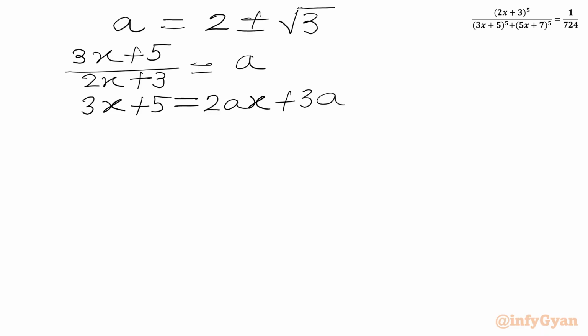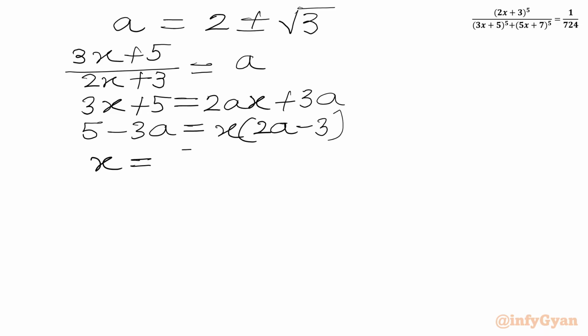Now I will write x terms to one side. So I will write 5 minus 3a equal to x, which is common in the bracket. We can write 2a minus 3. So x will be equal to (5 minus 3a) over (2a minus 3).